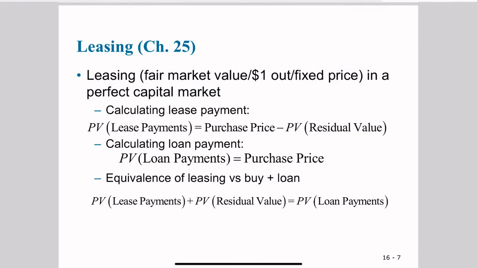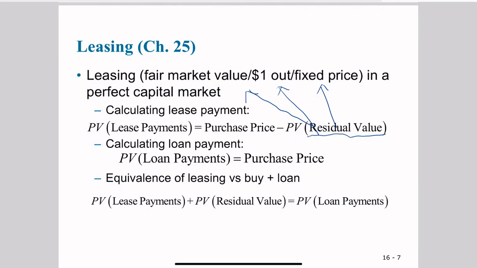And then there are also some concepts here. That is, the residual value could have different values depending on your contract, right? It could be fair market value. That is, the market value of the asset after your lease ends.